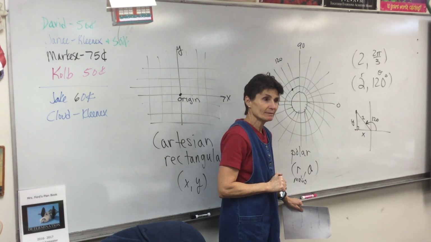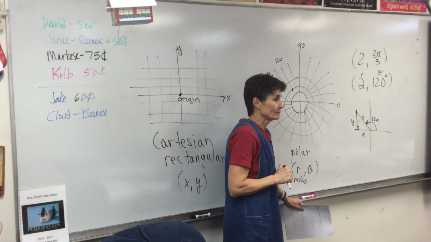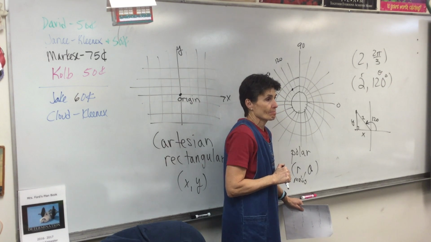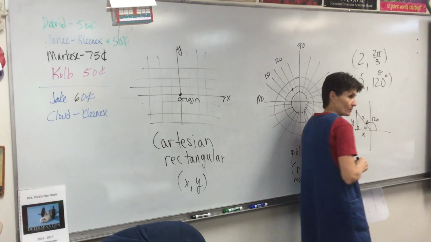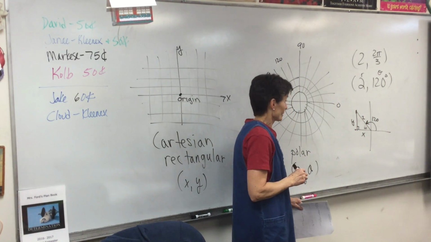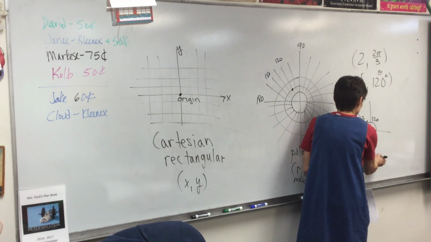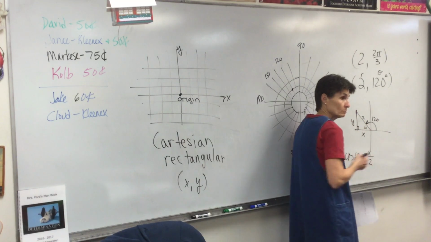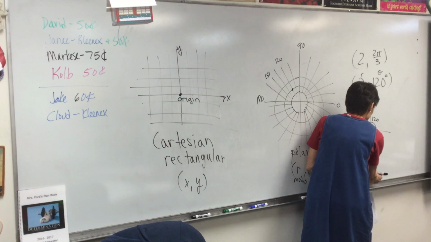We know how to do that. You did that, hopefully, on your quest. What did you do? You found this angle and it was 60, right? And you said cosine 60 equals x over 2, and sine 60 equals y over 2.